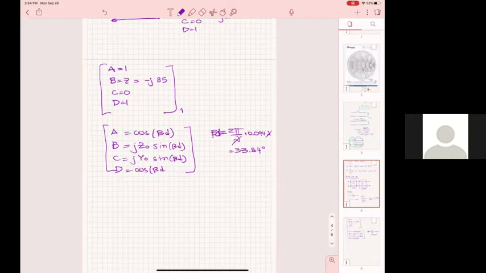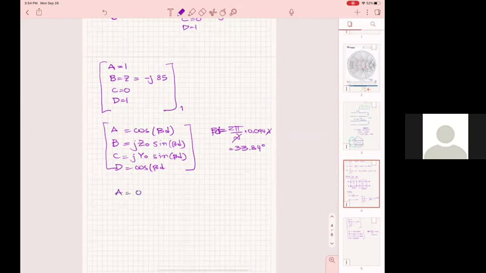And the cosine of that gives me 0.83. B is j50 times the sine of 33.84, which is 0.55, so j27.5. C gives j 1/50 times the same sine, 0.55, so 0.55 divided by 50.